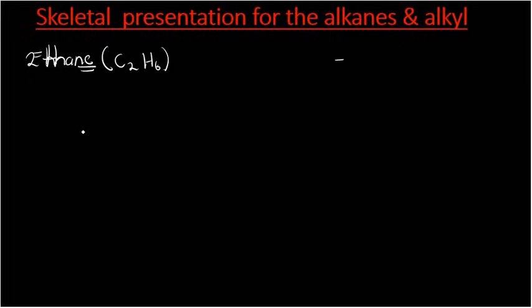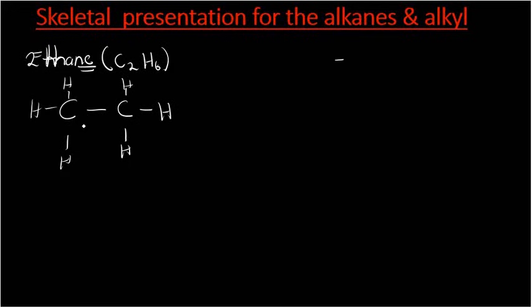Here, we need to know the condensed formula for you to be able to draw the skeletal structure of ethane. The way it is drawn, that's the structure, right? That's the displayed structure of ethane. It looks like that, right?